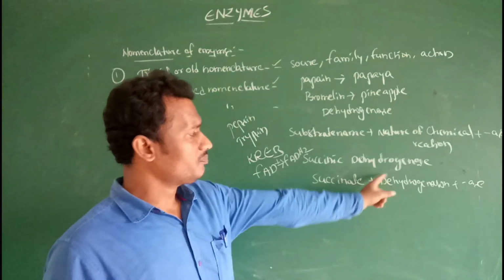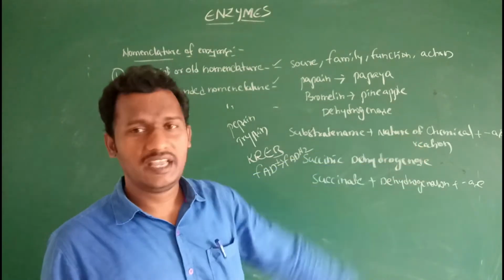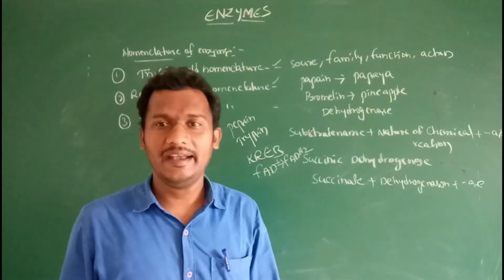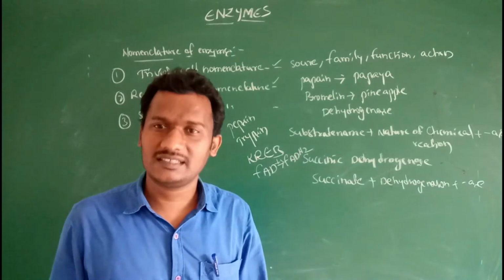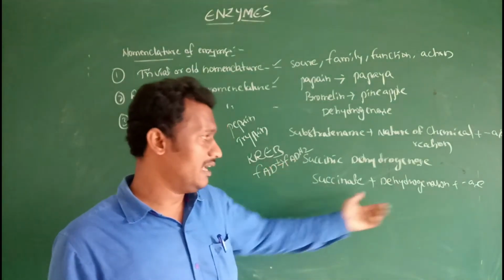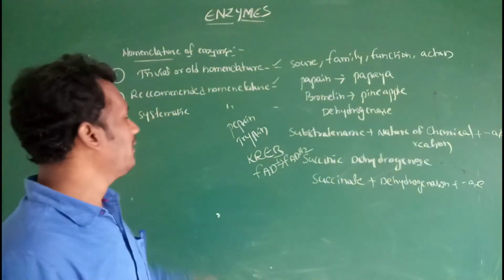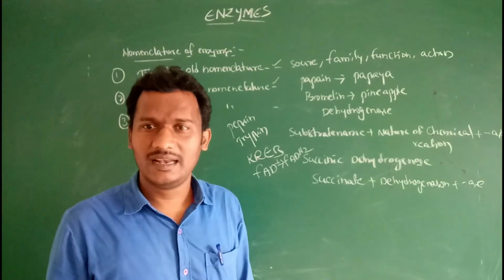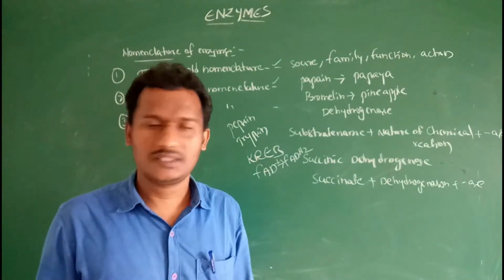Next one, the class or type of the chemical reaction. Nature of chemical reaction: dehydrogenation, removal of hydrogens from succinate or succinic acid, transferred to coenzyme FAD. Then the suffix word. Next, third one, systematic nomenclature. It is a modern type of nomenclature.